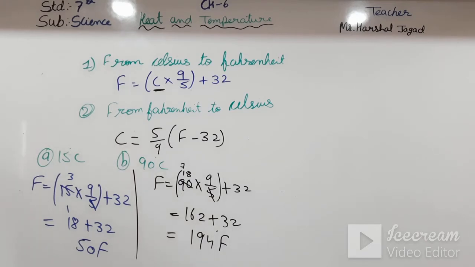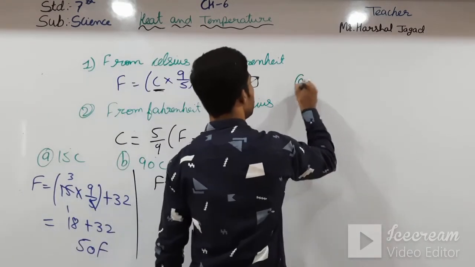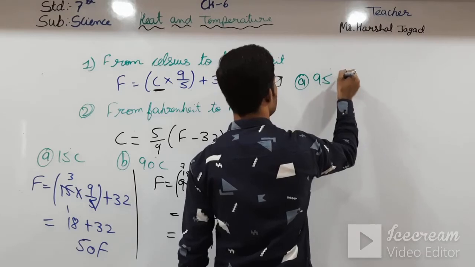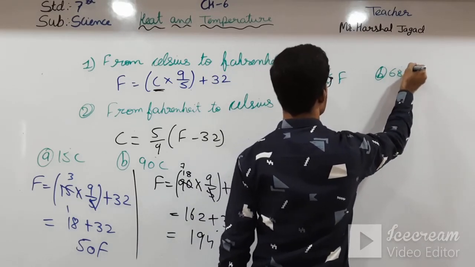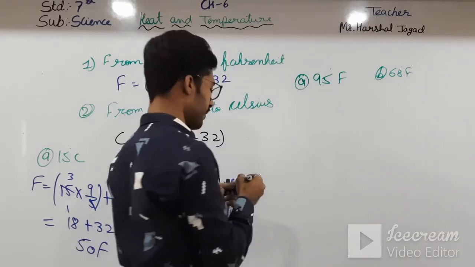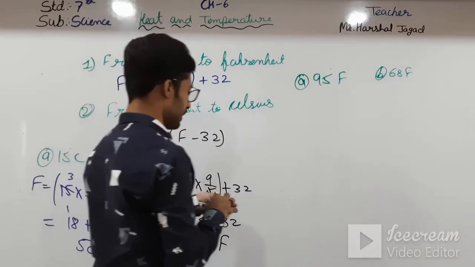And see here example number 2 is given, in which Fahrenheit is to be converted into Celsius. The examples are A, 95, and B, 68. First of all, calculating 95 into Celsius.